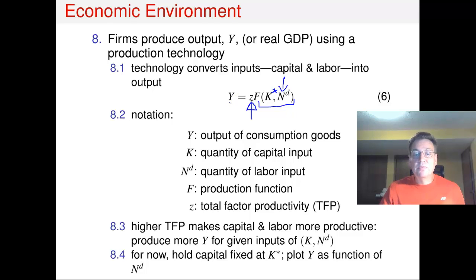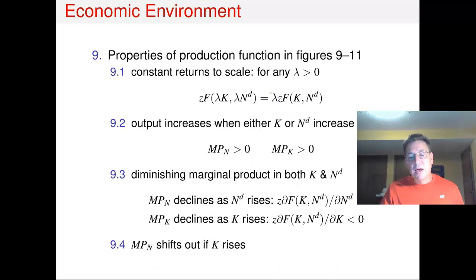And out pops goods, which is Y. This total factor productivity is a variable that if it increases, it makes both capital and labor more productive. So as I said, for now, we're just going to hold the capital stock fixed at K star. And if we do that, we can then plot output as a function of employment, as we will see shortly.